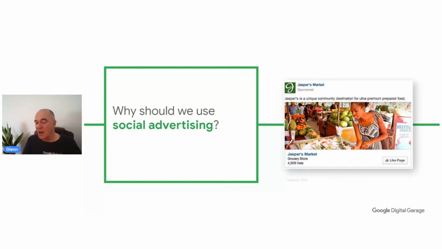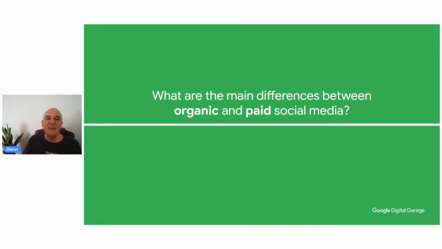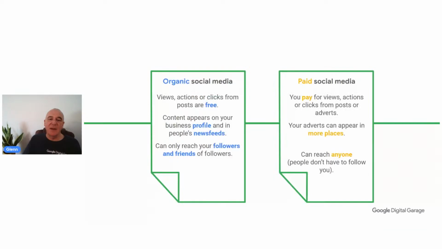Now, again, I would look up organic reach on social media and do some research into that yourself. So the main differences, and I think I've just highlighted one of the key ones there. What are the main differences between organic and paid social media? So on organic, which is you've just set up an account and you're posting for free, then views, actions, or clicks from posts are free, but very limited about who's going to see them.